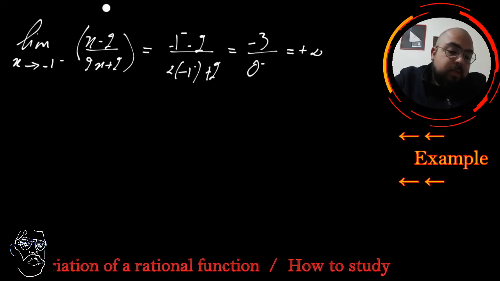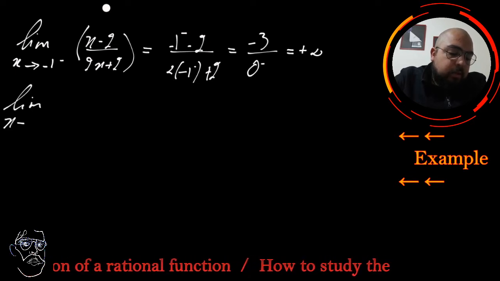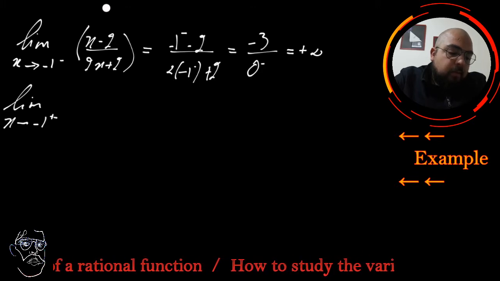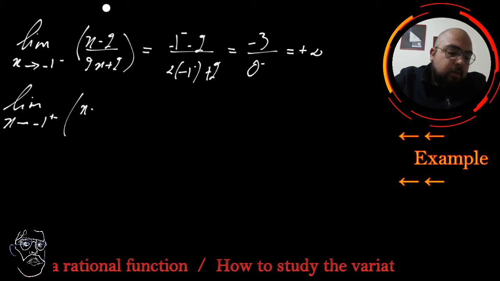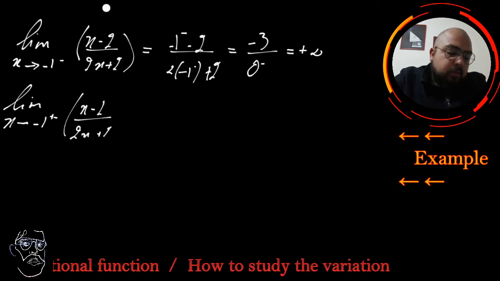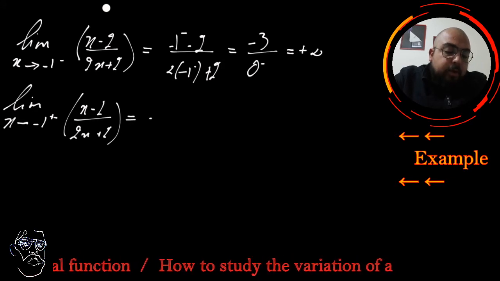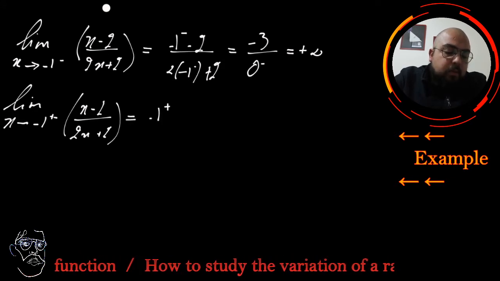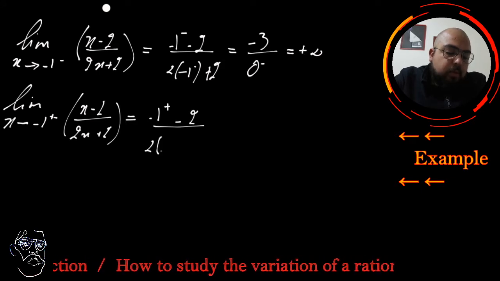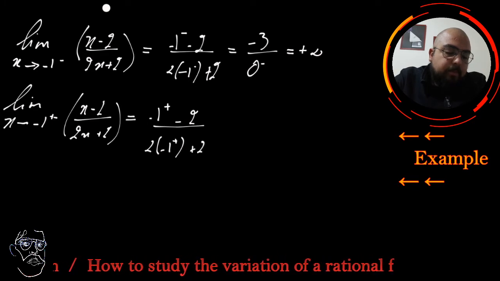So the second one, limit when x tends towards minus 1 plus of x minus 2 over 2x plus 2, it will be equal to minus 1 minus 2 over 2 times minus 1 plus 2.